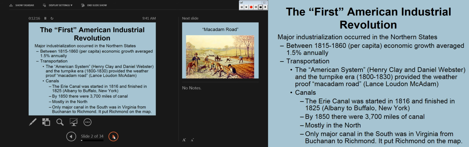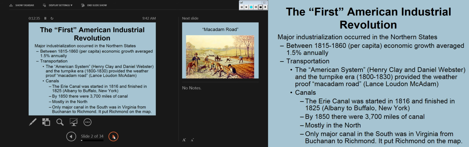Those cities started to hustle and bustle due to the Erie Canal. The price of goods dropped, but the production of goods increased.